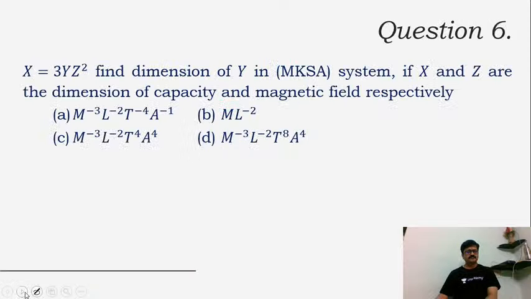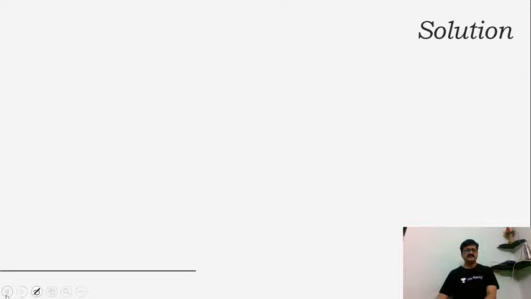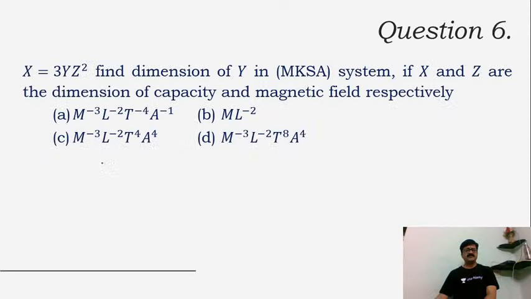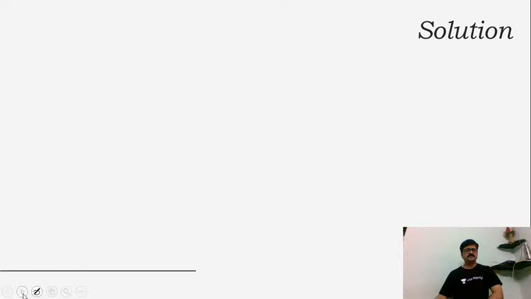Fine. Now let's progress to the sixth question. X is equal to 3yz square. Find the dimensions of y in the MKSA system if x and z have the dimensions of capacity and magnetic field respectively.